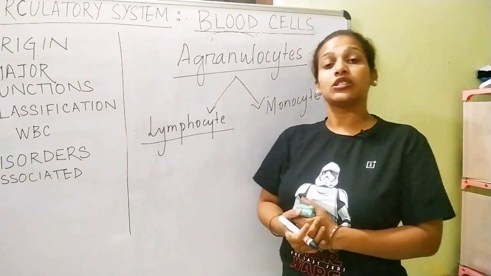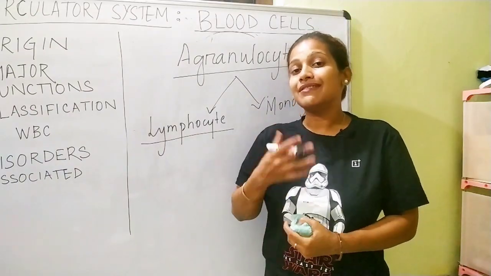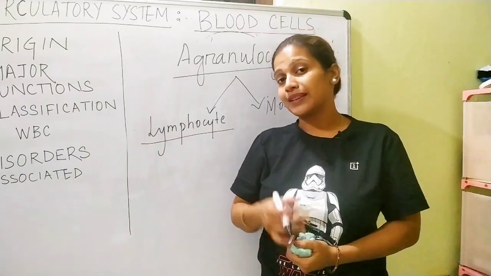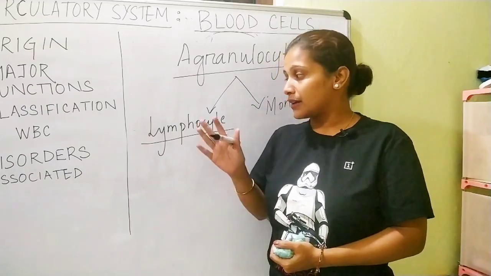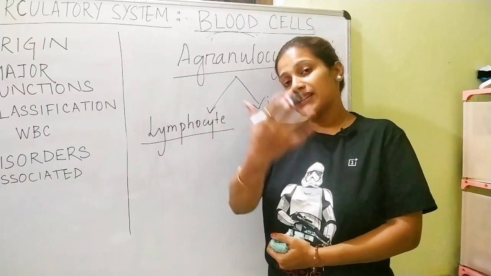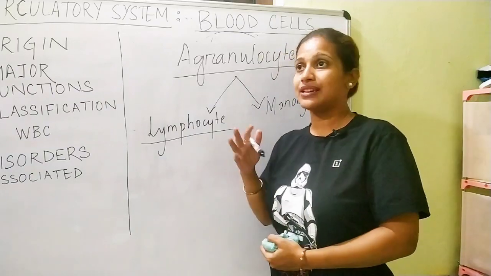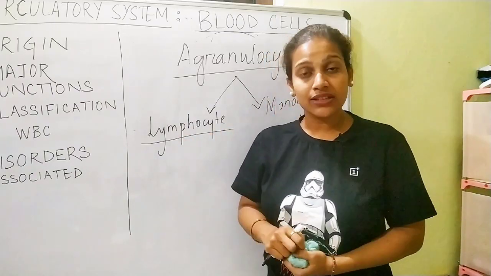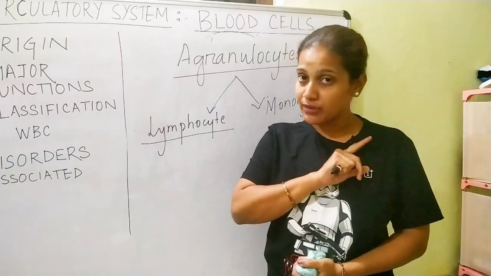Lymphocyte is mainly associated with your lymphatic system, the lymph organs. I hope you remember, for example the spleen, and your lymphatic vessels, the lymph. So the lymph is basically circulating throughout your body through the lymph vessels. Producing the lymphatic organs are the lymphocytes, which are associated with your body immunity.